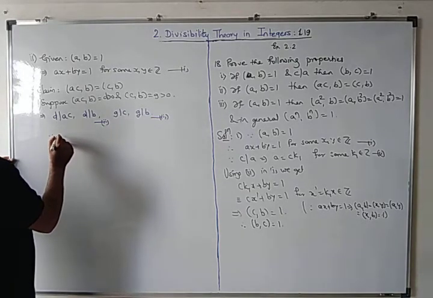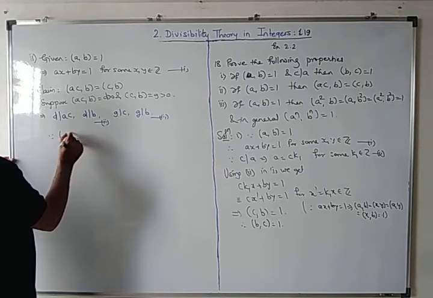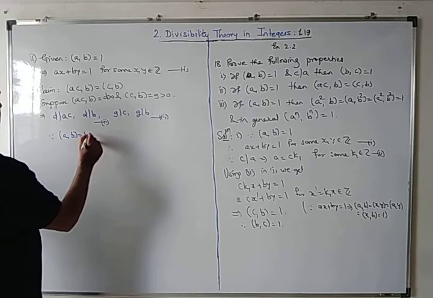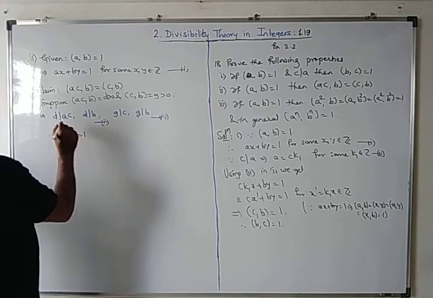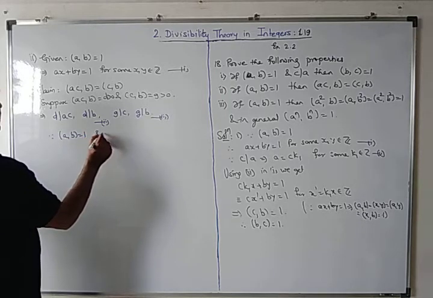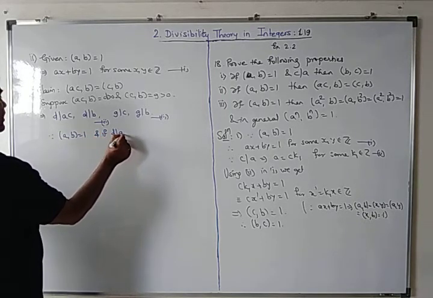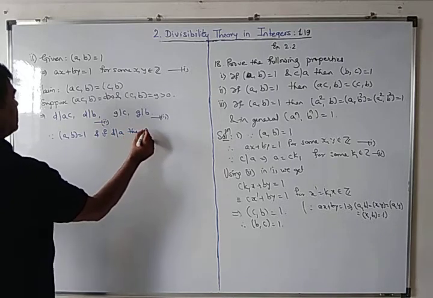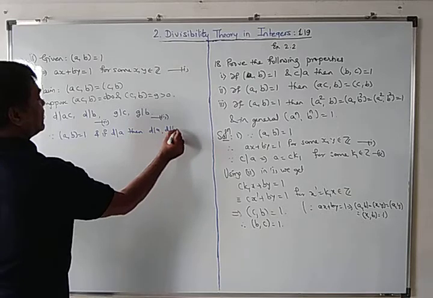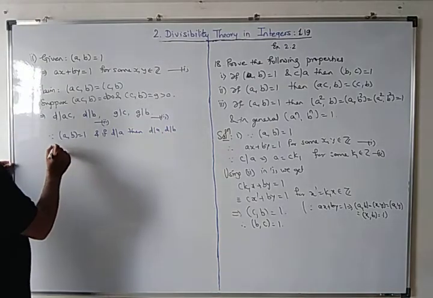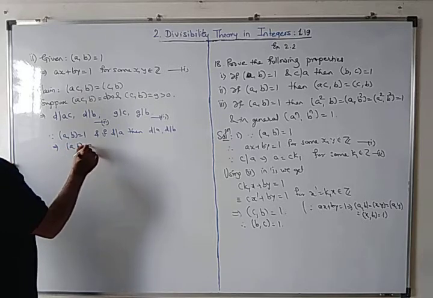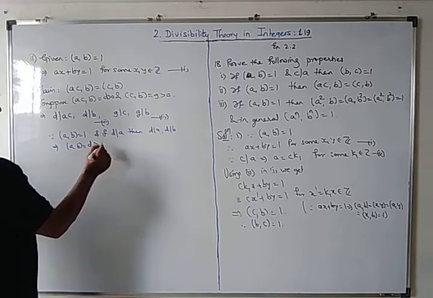Now since GCD of A, B is 1, if D divides A, then D divides A, D divides B, which implies GCD of A, B is equal to D, greater than or equal to 1.